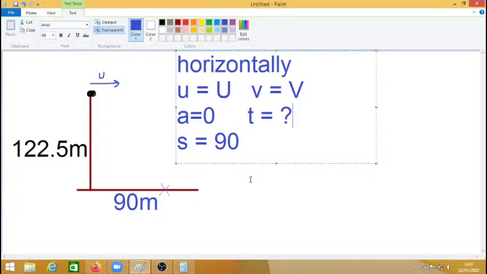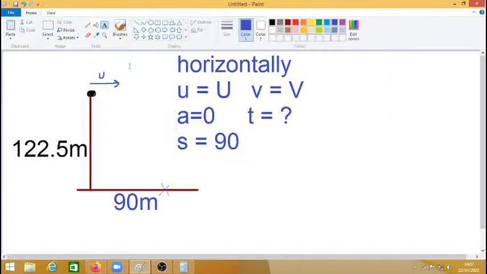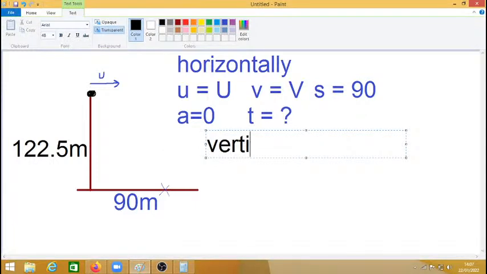Especially with time unknown. Okay, let's take a look vertically, see if we might be able to plug in at least one more number to be able to work out something. So vertically, because it's starting here and it's not being thrown down or pushed down, we'd say the initial velocity is 0, which is a good start, because at least that's a number we know.